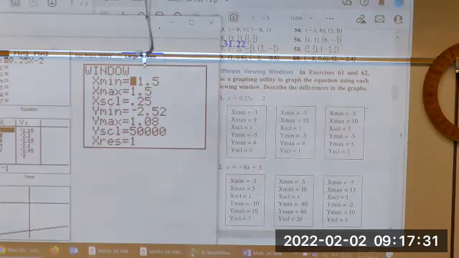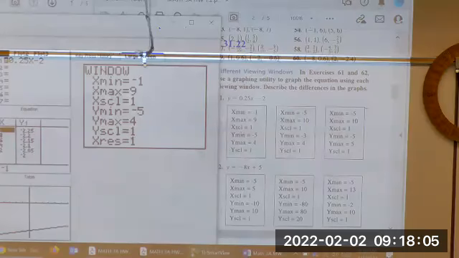Right. So I want -1. And then I want +9 for the max. My x scale is supposed to be 1. My y minimum is -5. Y maximum, they want +4. And my y scale is 1.